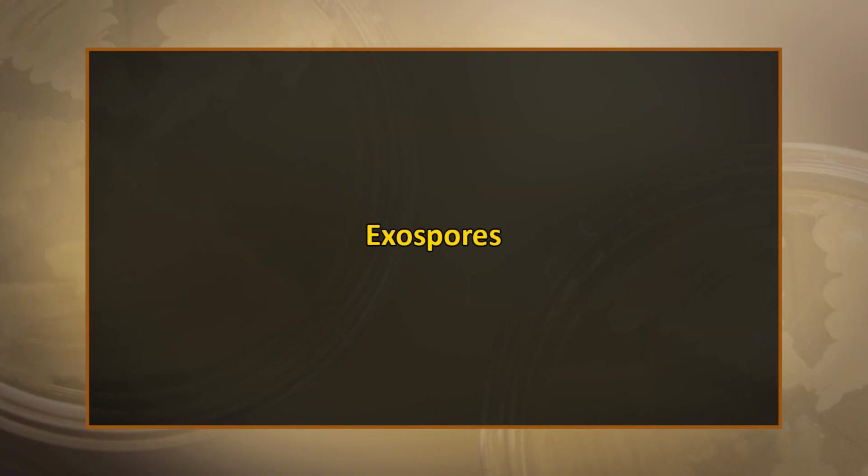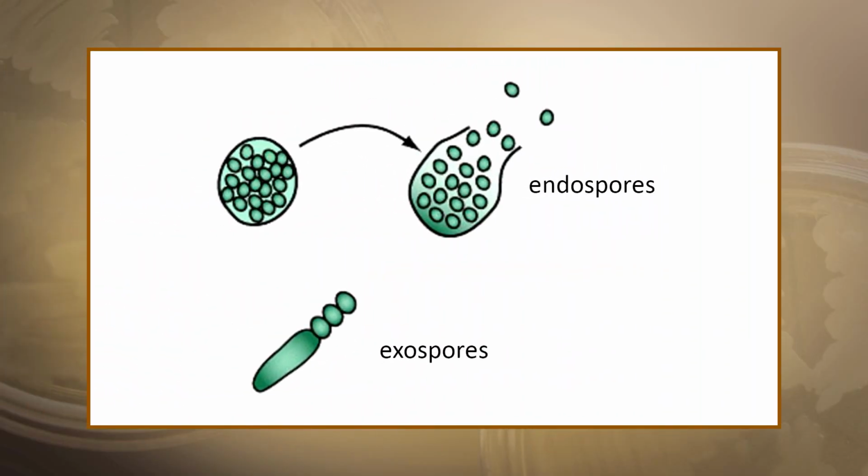They are formed at the tip of trichomes or short side branches of cyanobacteria, for example, Westiella. Number 11, exospores. In certain blue-green bacteria, the spores are successively cut off at the distal end of the protoplast by transverse divisions. These are called exospores.